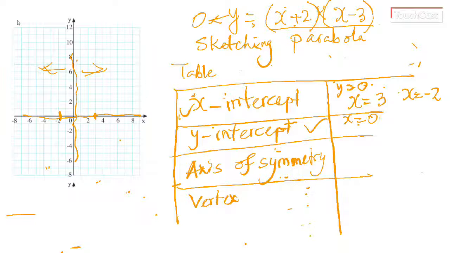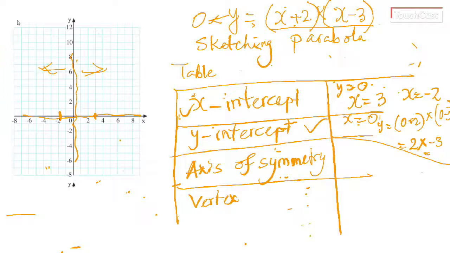So x equals 0, and y equals 0 plus 2 times 0 minus 3. That'll give you 2 times negative 3.